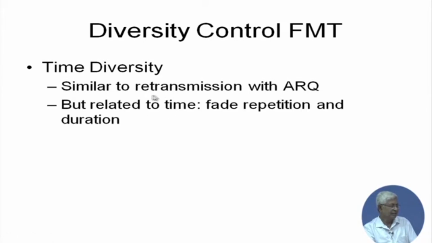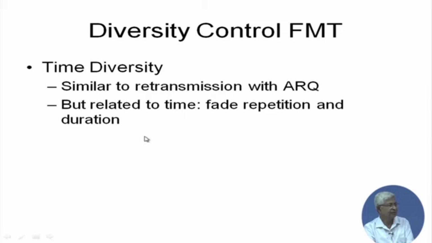And how much time later you do this repeat transmission, or retransmission, or continued transmission is based on the fade repetition rate and the fade duration, whose average value has to be measured earlier, and in real time also it has to be monitored carefully.